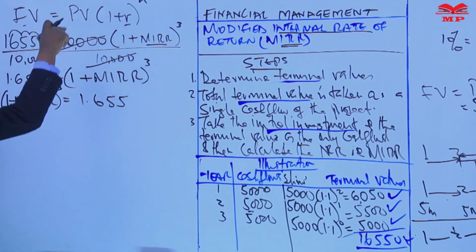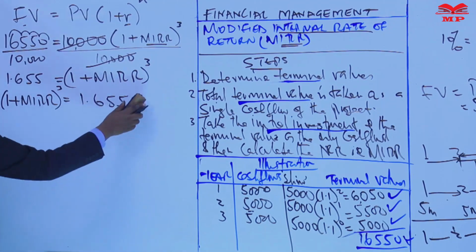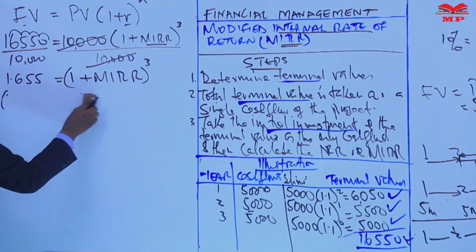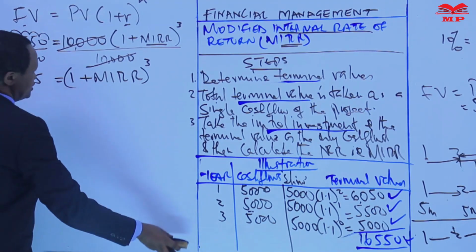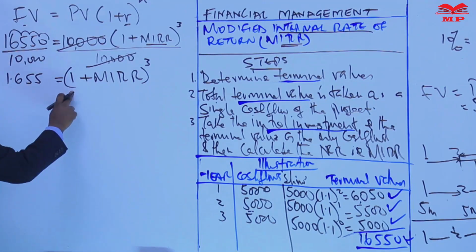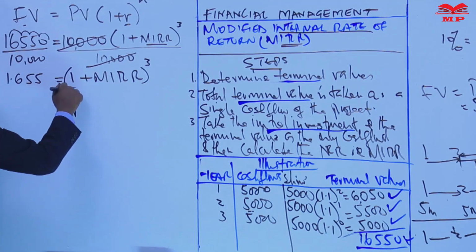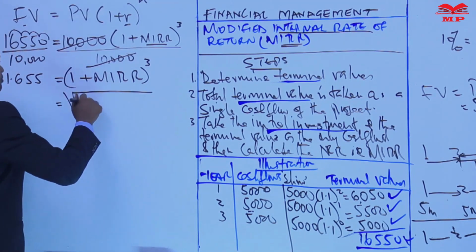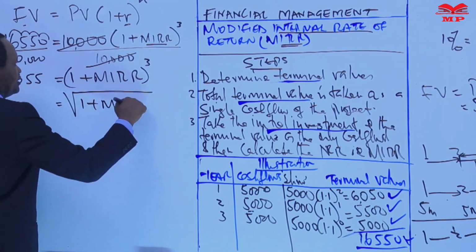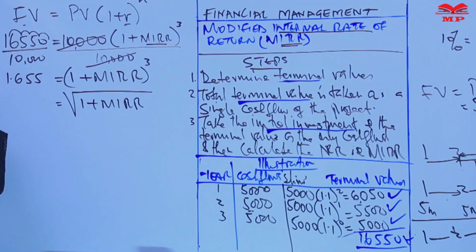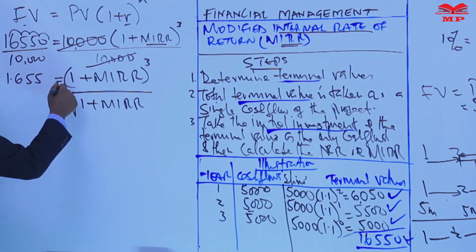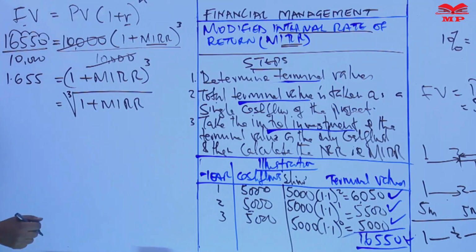Okay? So at this point, if you are to make MIRR the subject of this formula, we will get the third root of 1 plus MIRR on both sides.